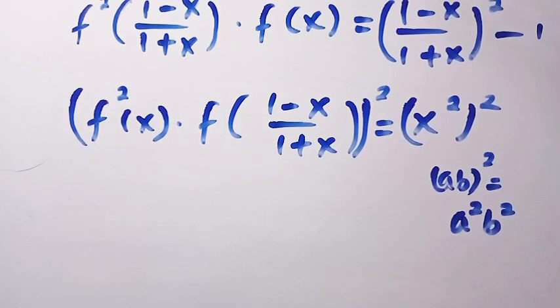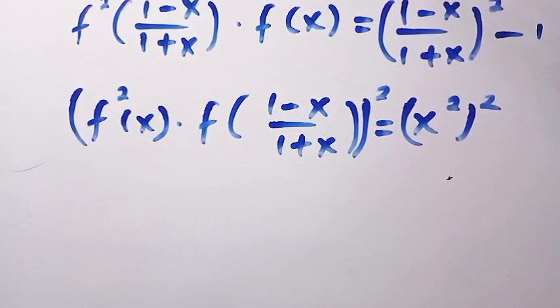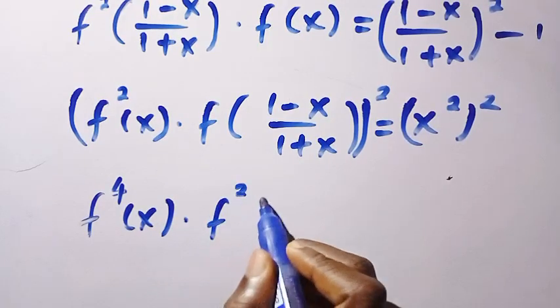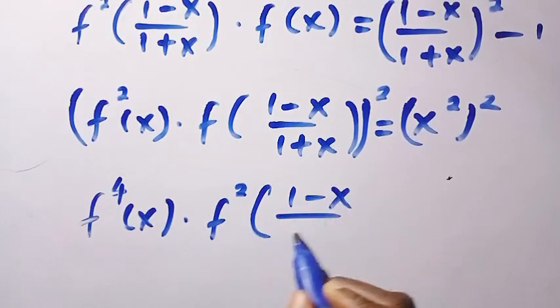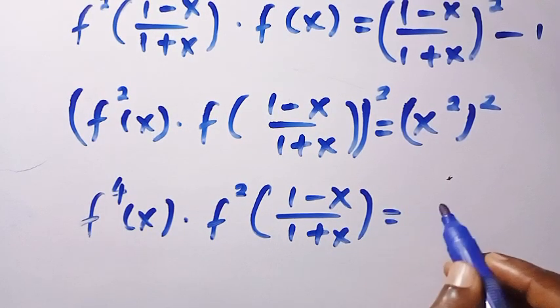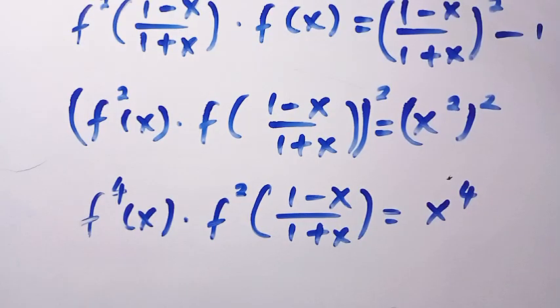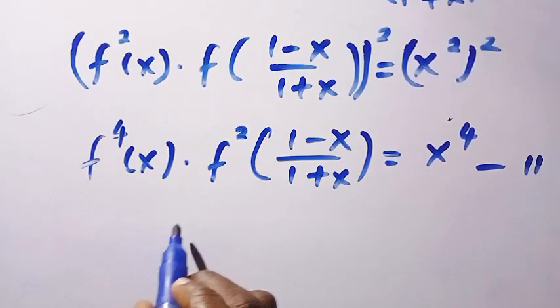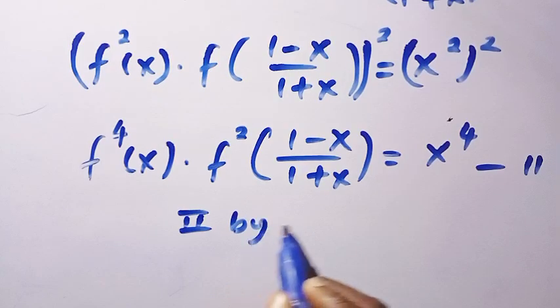By applying this rule here, we are going to have f raised to power of 4 of x multiplied by f raised to power of 2 of (1 minus x) divided by (1 plus x), equals x raised to power of 4. If I name this as equation 2, then from these two equations, let's divide equation 2 by equation 1.